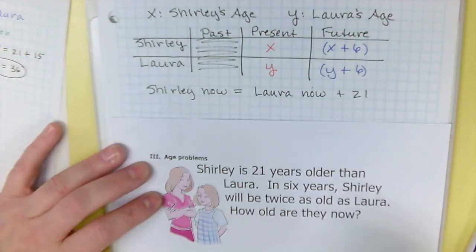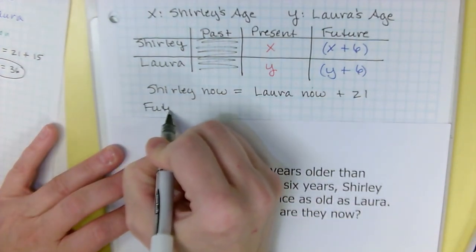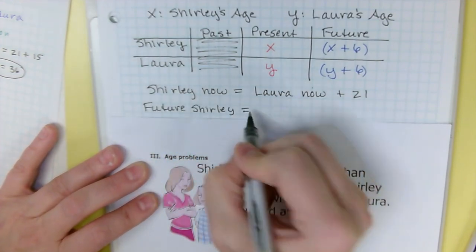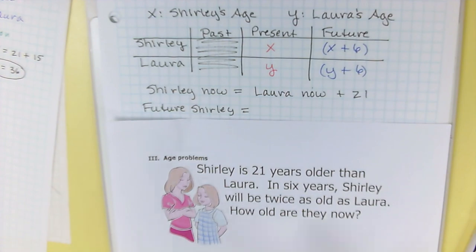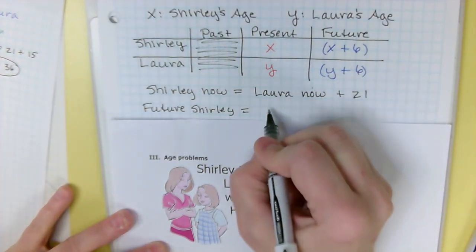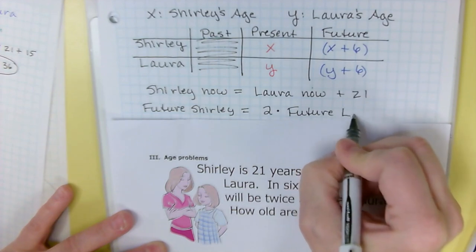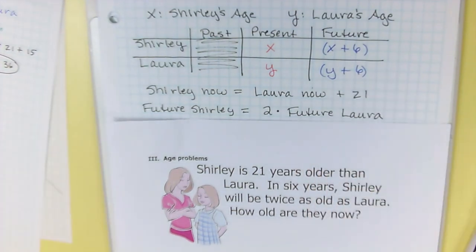In 6 years, so now we're talking future Shirley. In 6 years, Shirley will be, that's your equal sign, twice as old as Laura. So 2 times future Laura. So we've made the problem into words and a math expression with an equal sign.